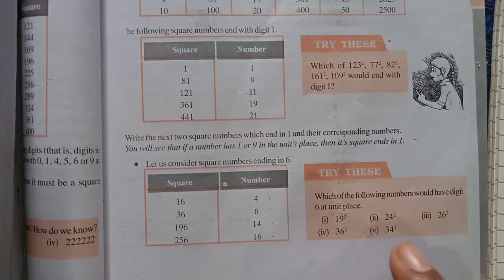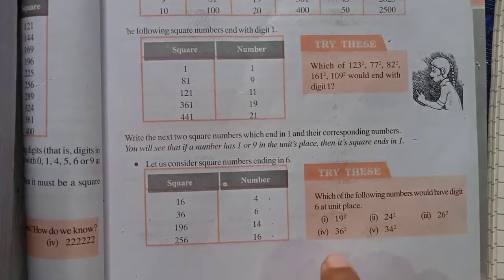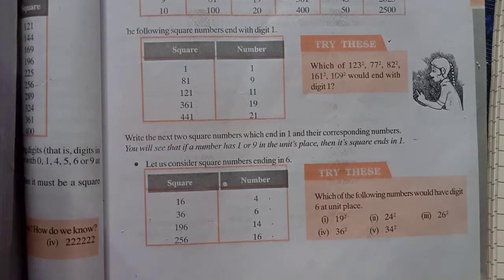So for 6 we need to have 4 or 6 as ones digit. So we have 24, 26, 36 and 34. All these numbers will give 6 as ones digit in their squares.